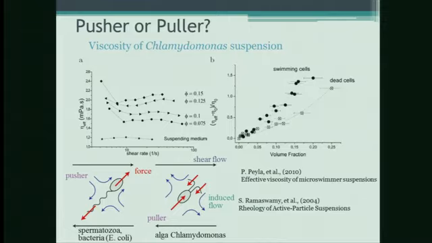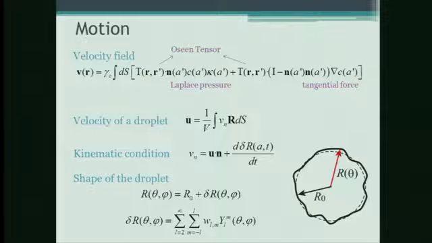So therefore, we want to analyze the sign of this gamma 2 in our system. So once we know the concentration distribution, we could know the velocity field. This is just Laplace force, Laplace pressure, times Oseen tensor.